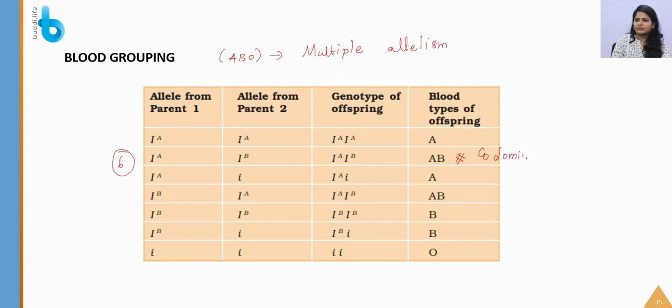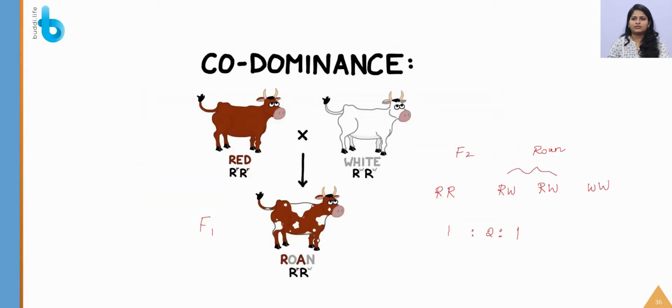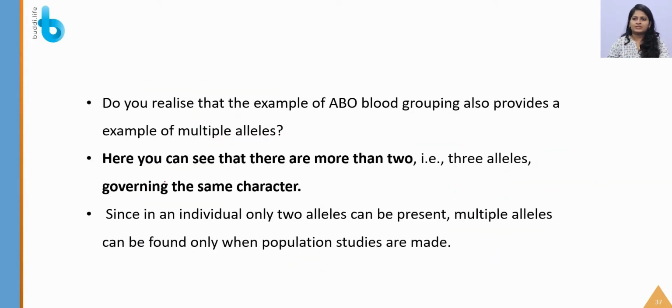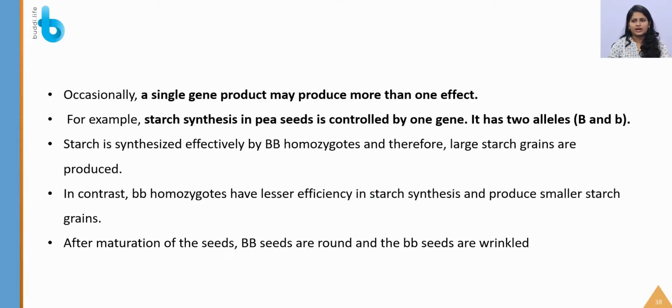There are more than 2, that is 3 alleles, and it may be even 4, 5 or 6.